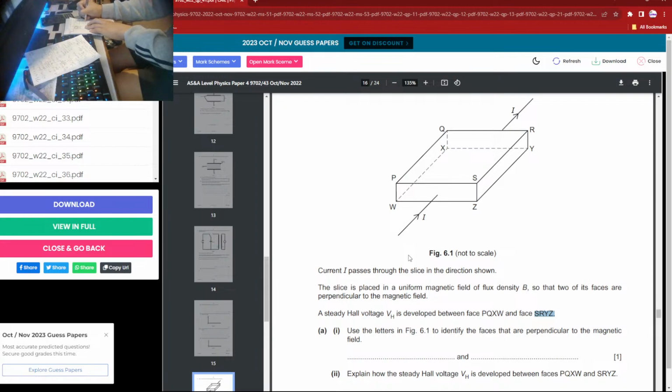And it will be safe to write down: once the magnetic force is equal to the electric force, then the Hall voltage is constant. Okay.